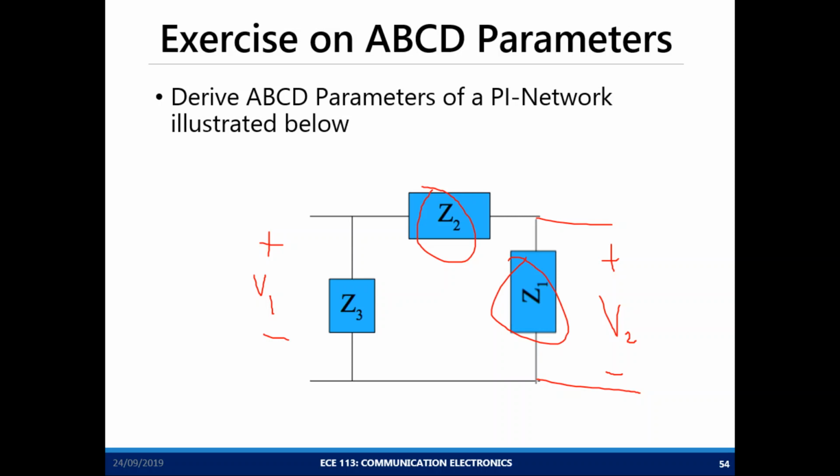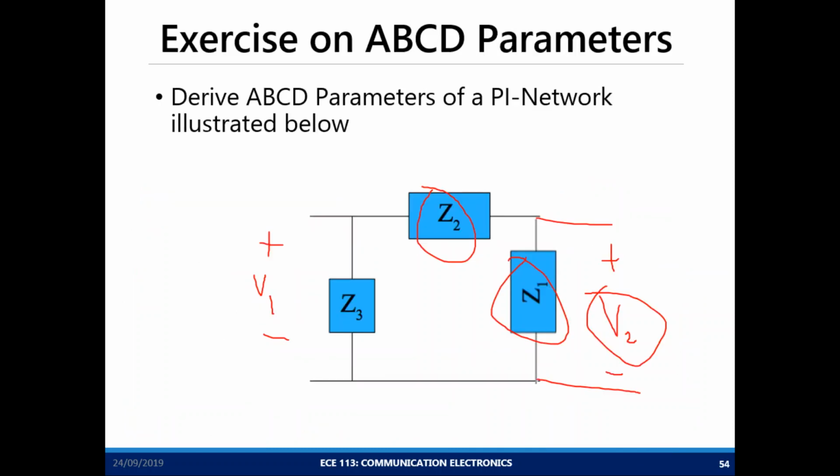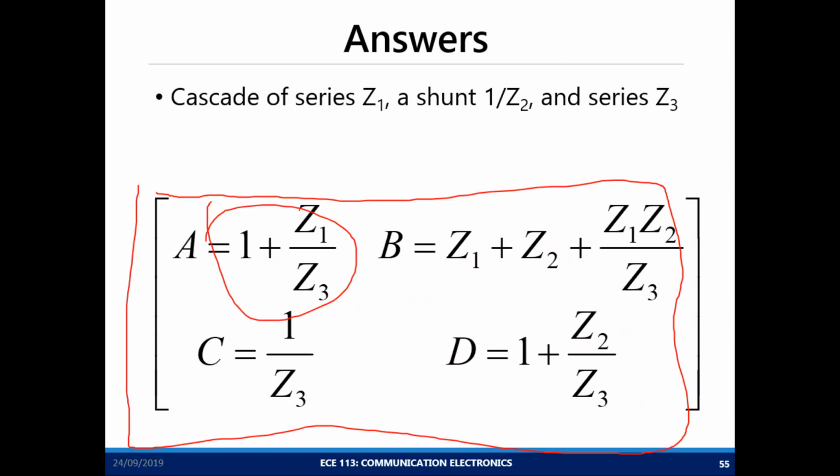So these two impedances divide this voltage. Okay? So you get a value for V2. And take the ratio of V1 divided by V2. Take note, it's V1 divided by V2. You'll get this A parameter for your circuit. Excuse me. Okay? So that's your ABCD parameters.